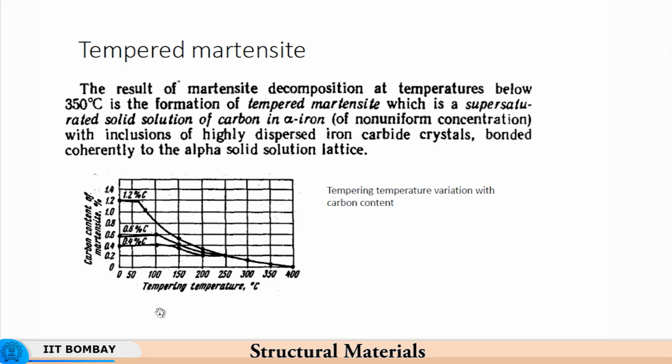So, if you have 1.2% carbon and you start tempering at even a lower temperature of 100 degrees centigrade, you can get much lower carbon left behind in the martensite, so that the martensite becomes a little softer.